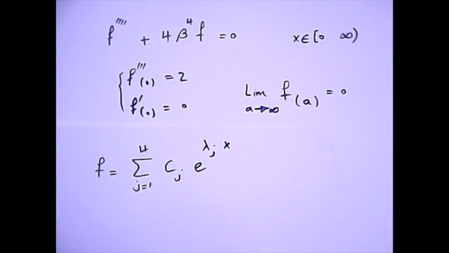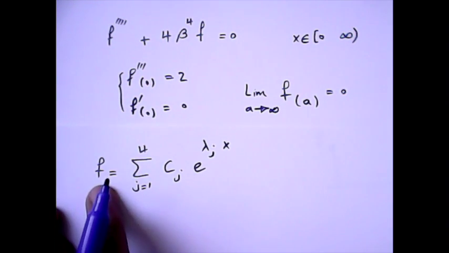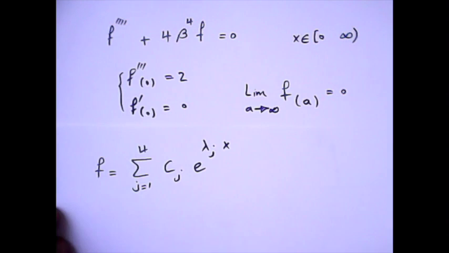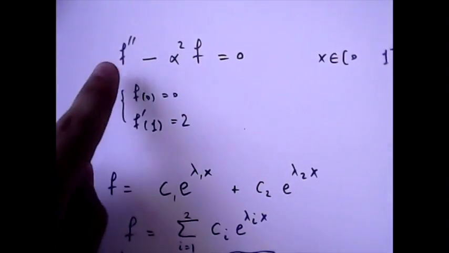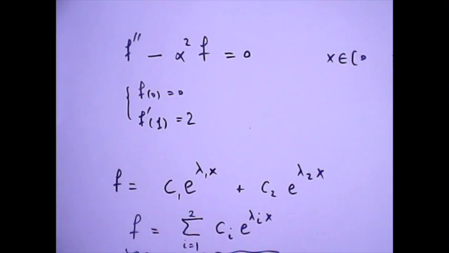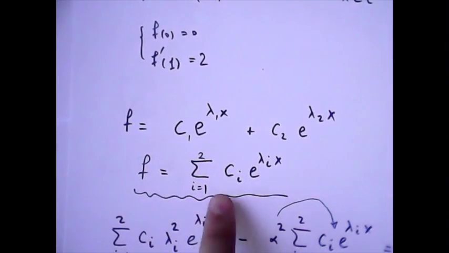Alright, now I'm going to insert this f into the differential equation up here. Let me show you how it looked before. It's going to be the same thing here too, but I don't want to write it out, so let me just show you. This is the previous example, and I guessed the form of the solution.